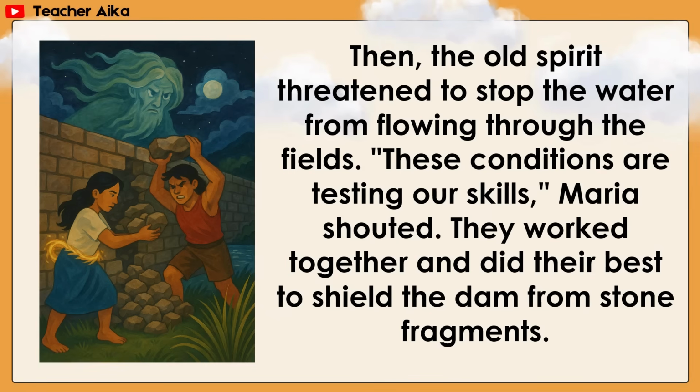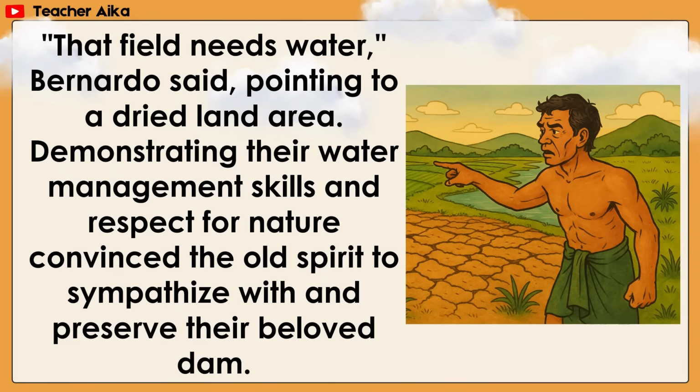They worked together and did their best to shield the dam from stone fragments. "That field needs water," Bernardo said, pointing to a dried land area. Demonstrating their water management skills and respect for nature convinced the old spirit to sympathize with and preserve their beloved dam.